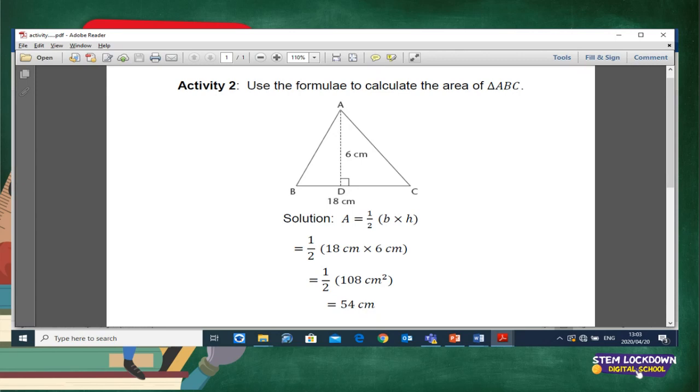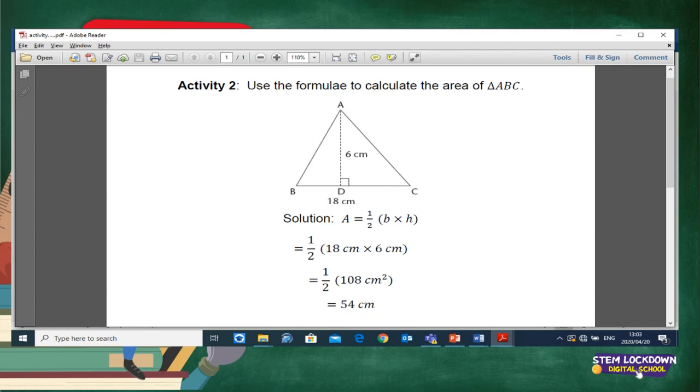As you can see in the picture, the base BC is 18 centimeters. And what is the height? The height is, of course, 6 centimeters. That is AD. This information is given to us, so we can use it to calculate. Now look at this activity. What is the difference between this activity and the previous ones?